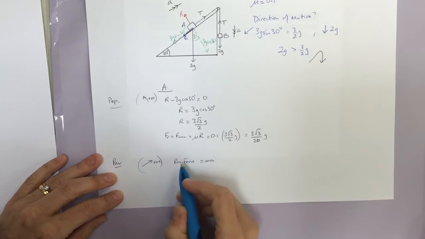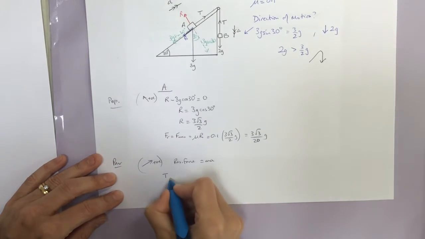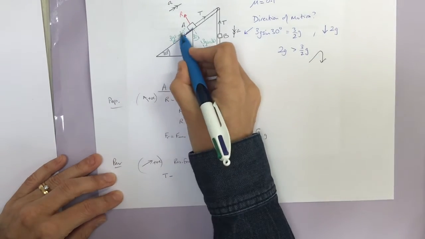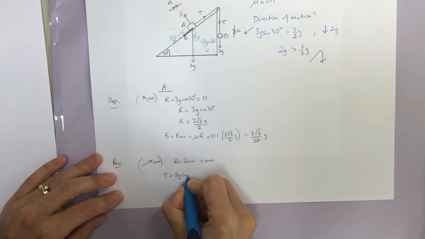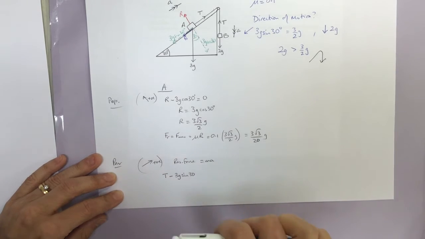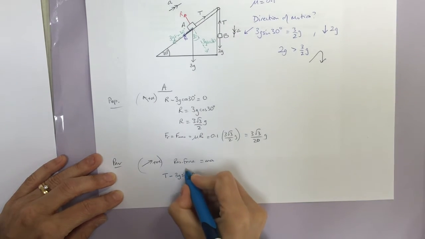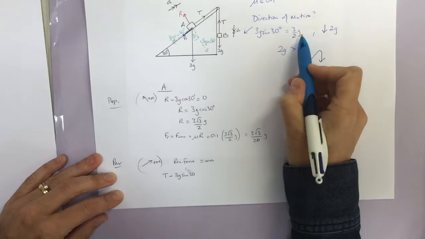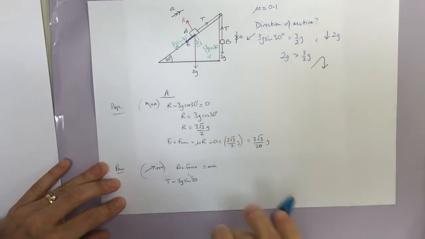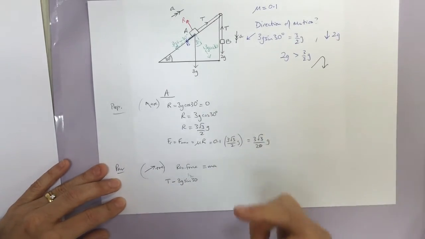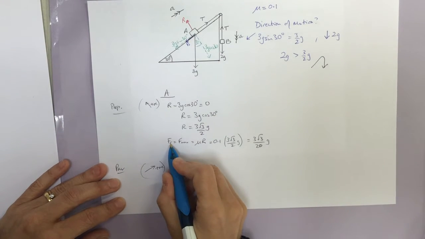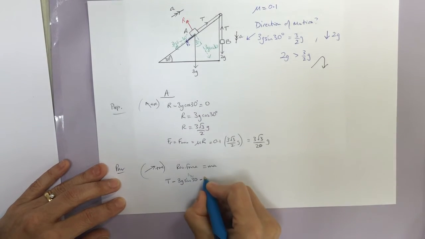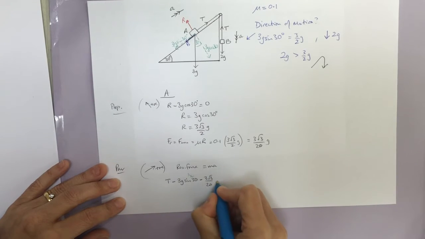So here, my resultant force up the slope, T is winning, so T minus my 3g sine 30. Don't forget, we already know that sine 30 is a half, so that's my 3 over 2g. So T minus 3g sine 30, but also now minus my friction as well, and my friction is this F max, so it's 3 root 3 over 20g.